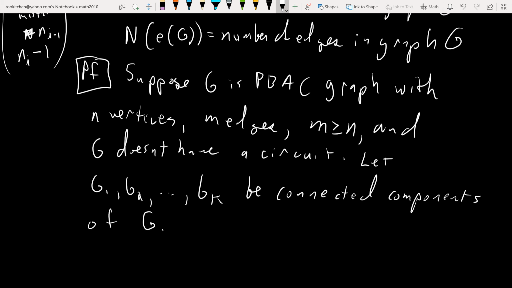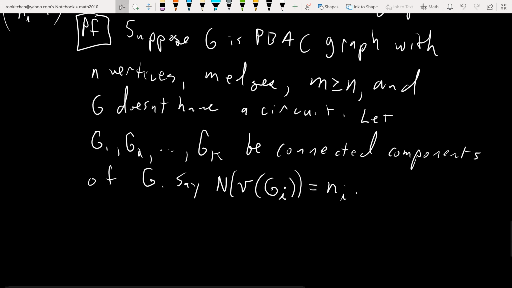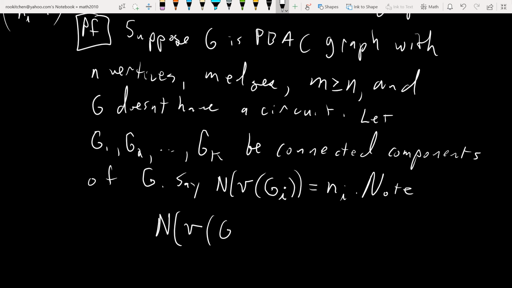Okay, we want to note how many vertices each of these connected components has. So we'll say the number of vertices of a particular component, G sub i, will be called little n sub i. Then we'll note that the number of vertices on the actual graph is equal to the sum of the number of vertices on all these connected components.